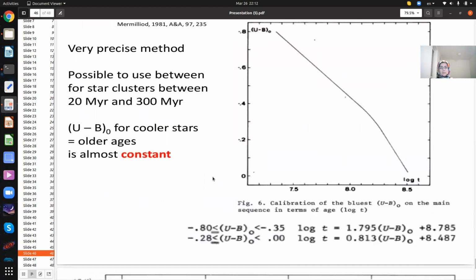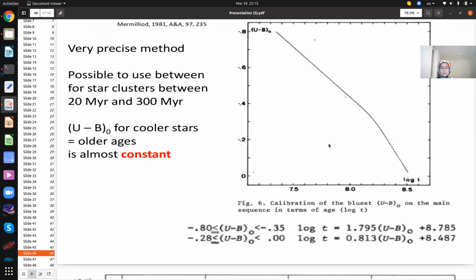Here it is also the calibration of the bluest U minus B 0, which is dereddened, on the main sequence in terms of age, log T. It is a very precise method, possible to use for star clusters between 20 million years and 300 million years.